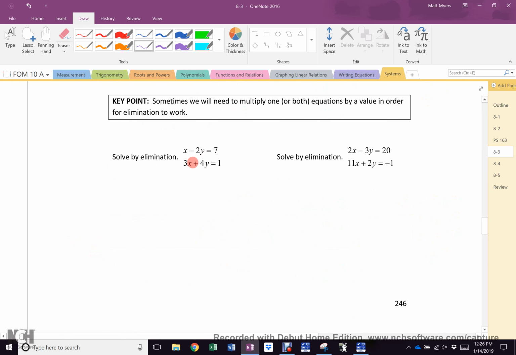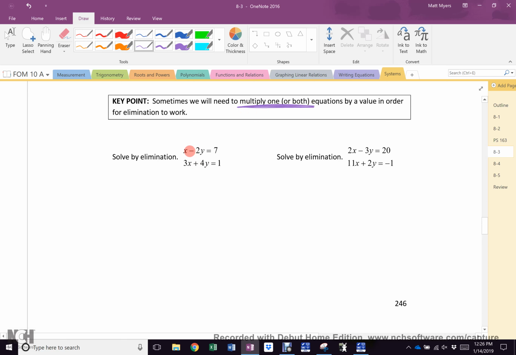What's wrong with this one? Can't eliminate anything. But fortunately, Mr. Myers has given me a tool that allows me to change the appearance of these equations but keep the same answer. What is that? Multiplication.